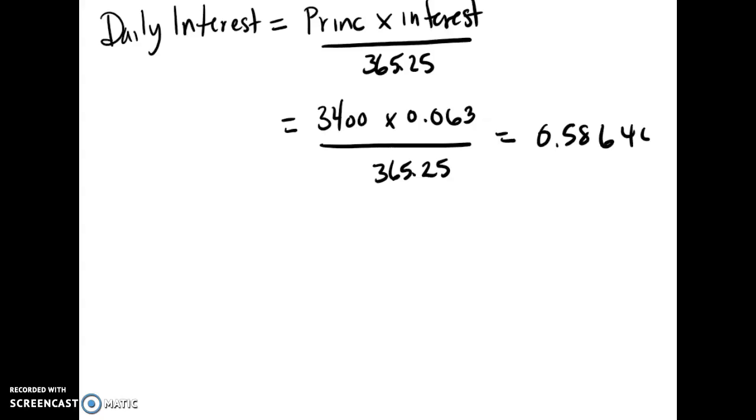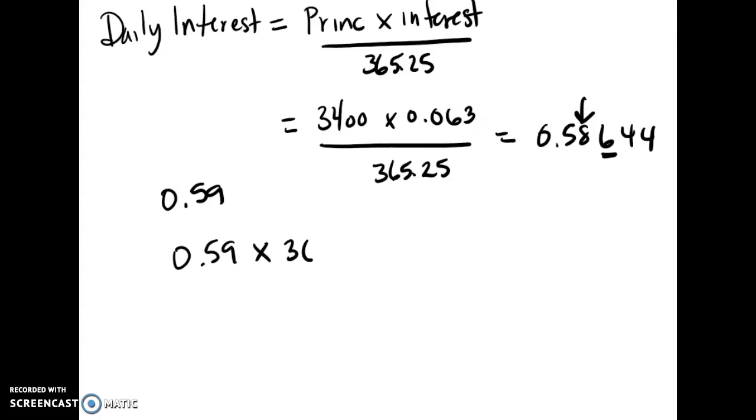Connect Math is kind of picky. It says to round all answers to 2 decimal places. So for this one, 0.59, because I'll look one over, I'll round that up. So that's the daily interest amount.